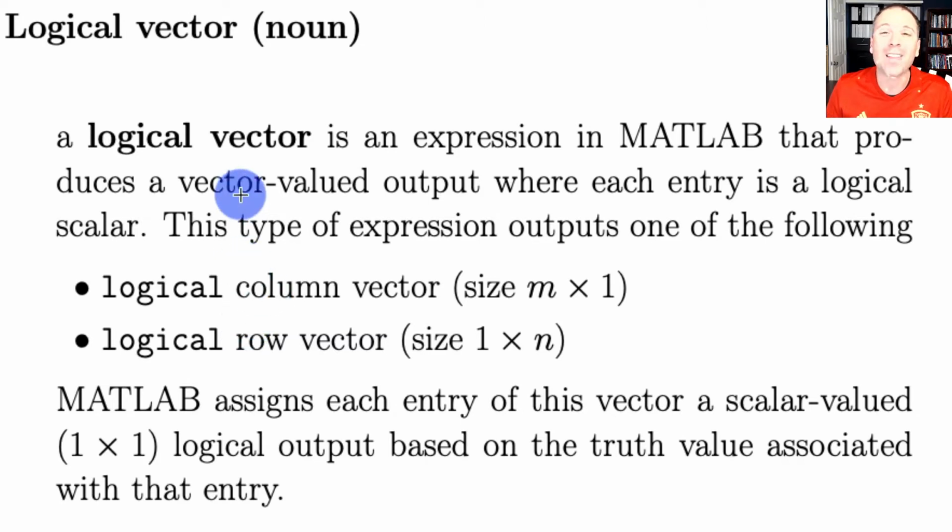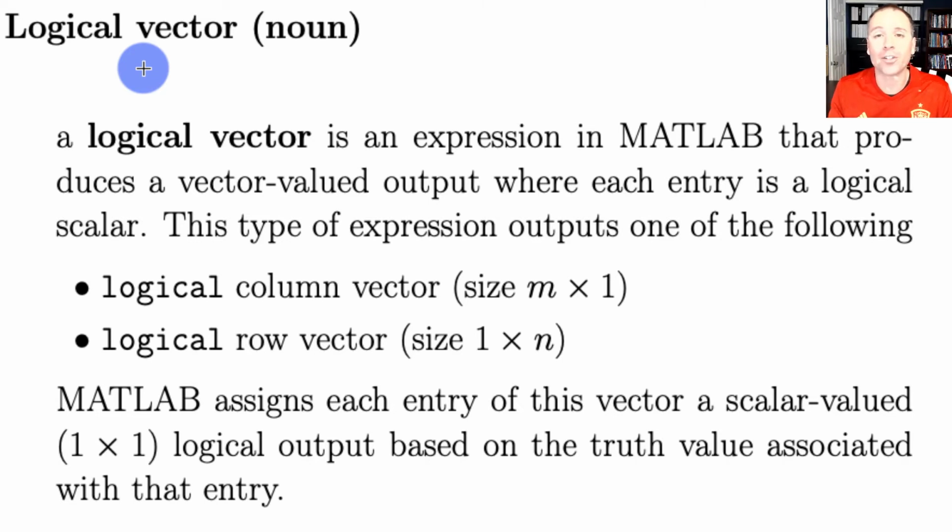In other words, logical vectors are one-dimensional arrays, either column vectors or row vectors, containing a number of entries, each of which is a logical scalar, with the value of either 1 or 0.